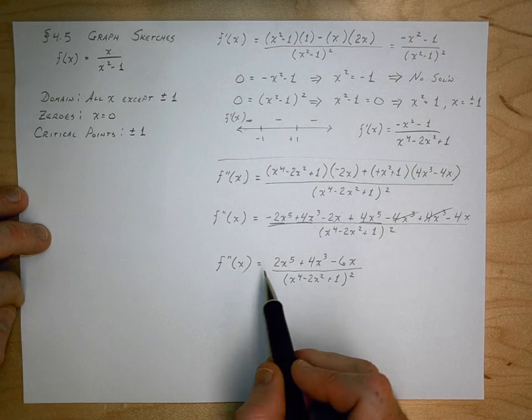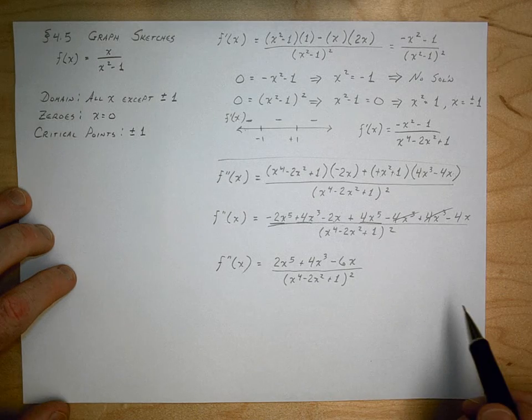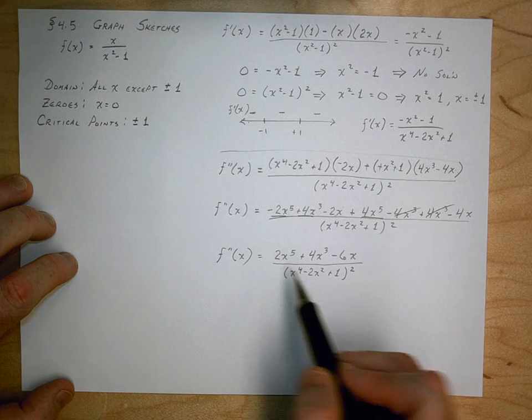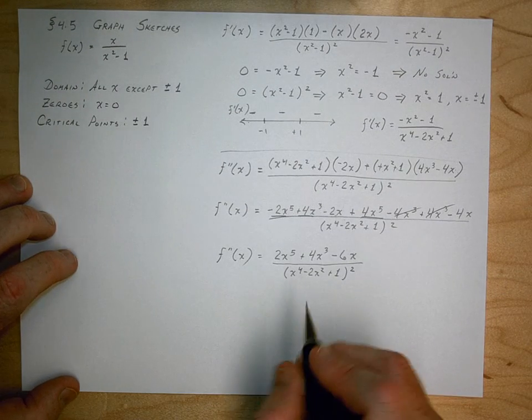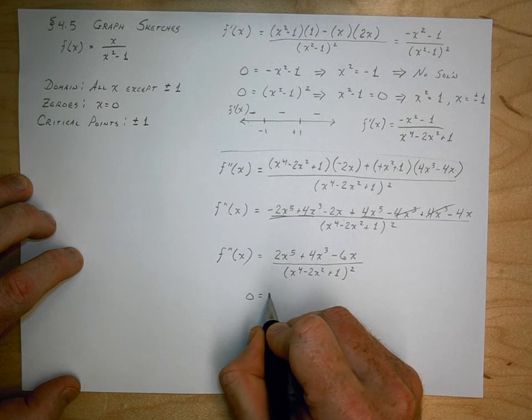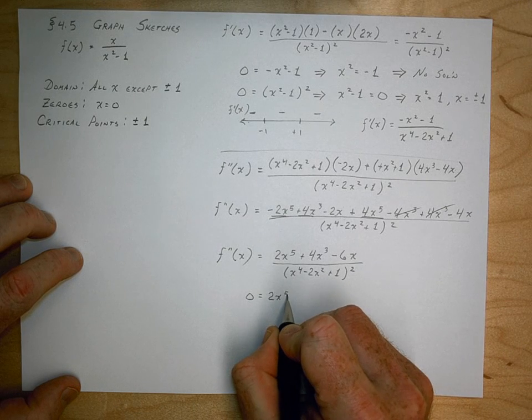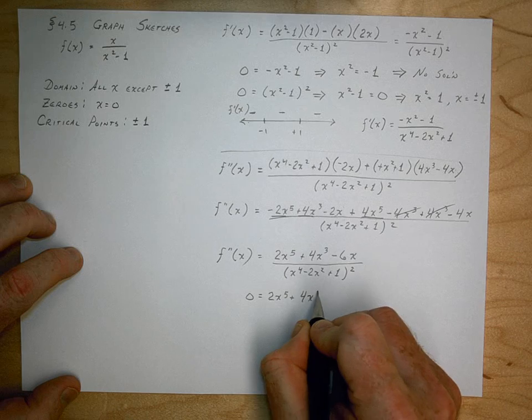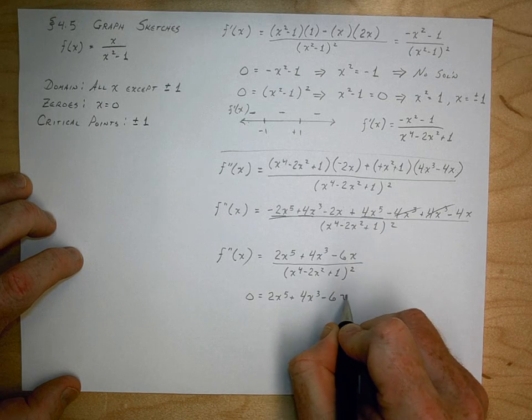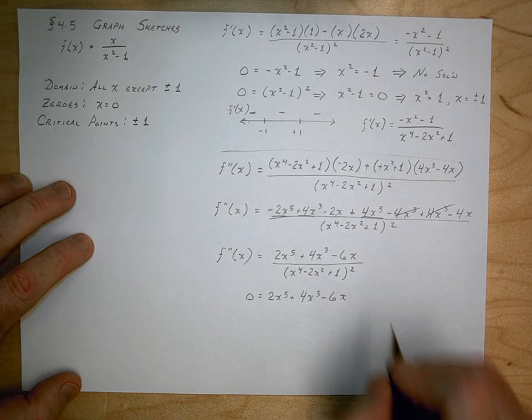Values that make the second derivative go to 0, that's when my numerator goes to 0. So let's see. Right away, I can factor out a 2x.